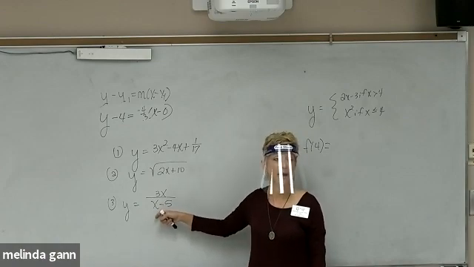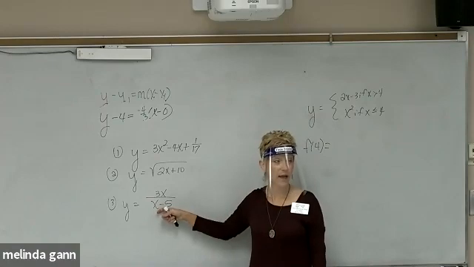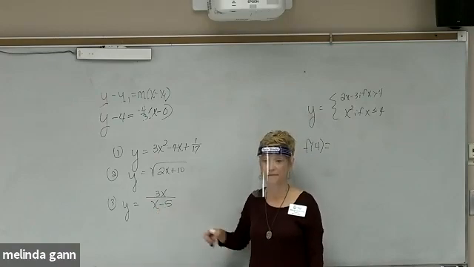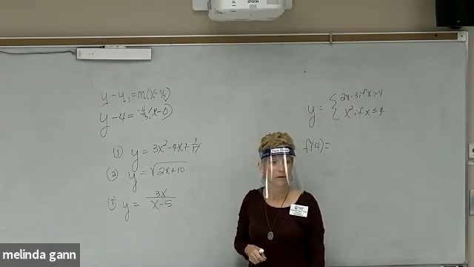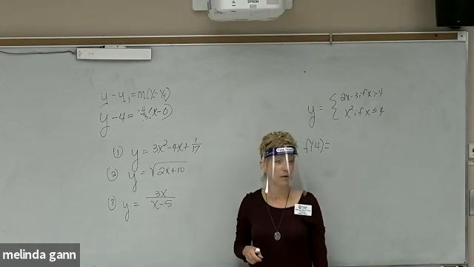So what's your domain? All real numbers but 5. How did you know it was all real numbers but 5? What were you worried about having a 0? The denominator can't be 0.